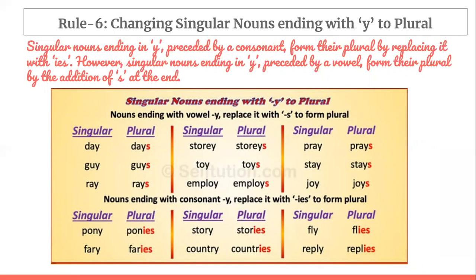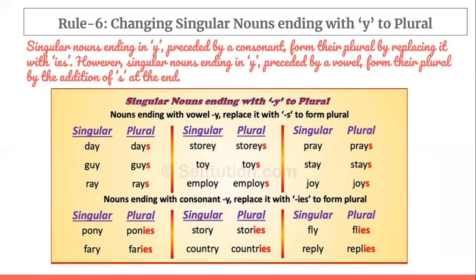Okay. So if you look at day, guy, ray, toy, employ, they all have the letter y at the end, but before the y they have a vowel like an a, e, o. In this case we are just adding an s and making them plural. But if you look at the lower examples that we have, like pony, it's a ny.